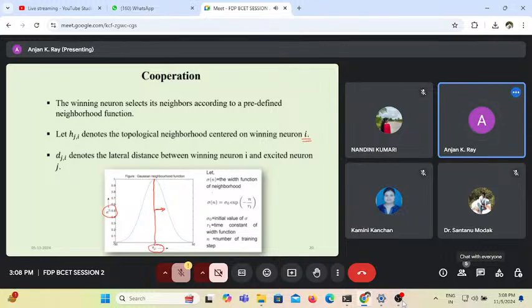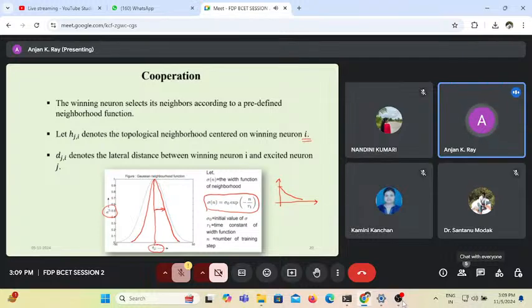This neighborhood also changes according to this formulation. If you observe closely, this is an exponentially decaying function. It means that over time the width of this neighborhood function also decreases. As more time passes and more samples come to the network, the neighborhood will shrink.